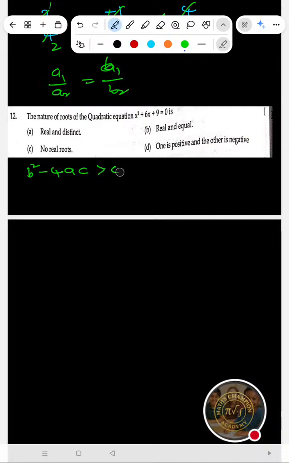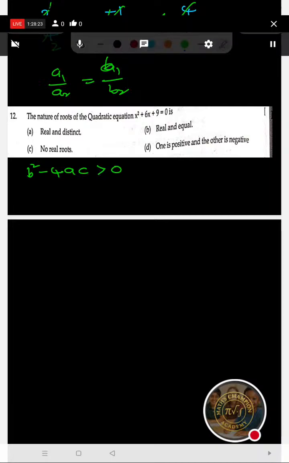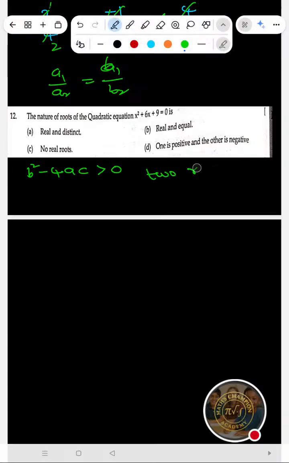If it is greater than 0, what will you get? Two roots, real and unequal roots. If it is greater than 0, you will get two roots that are real and unequal. One more, b square minus 4ac is equal to 0.